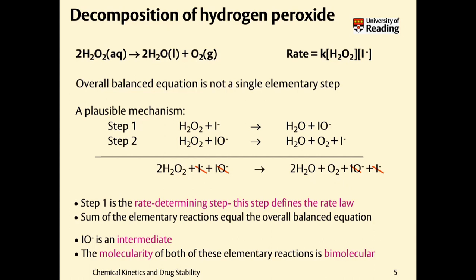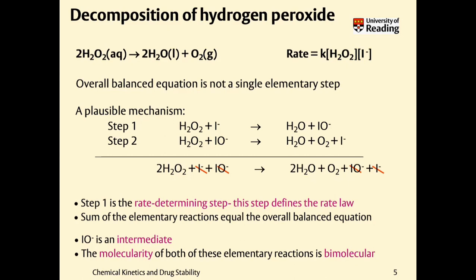And then the IO minus ion reacts with another molecule of hydrogen peroxide in the second step to form water plus the oxygen plus giving us the iodide ion back, because of course the iodide ion is a catalyst here, so that means it won't be used up in the reaction.